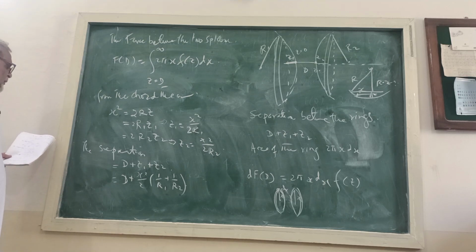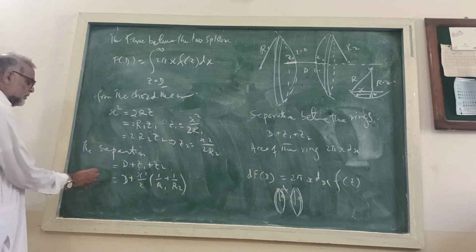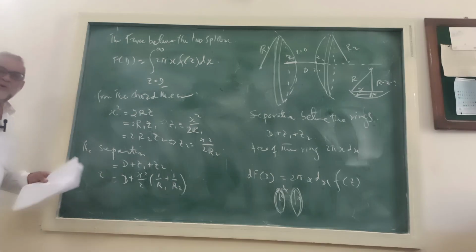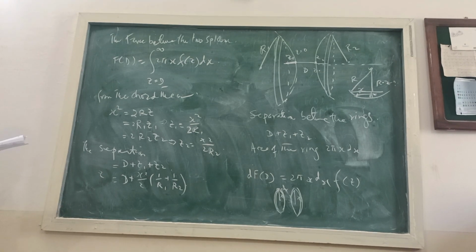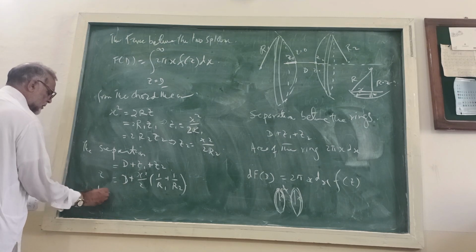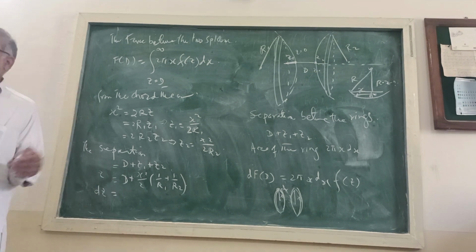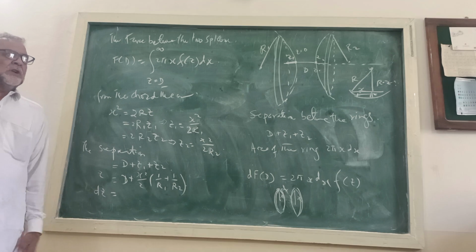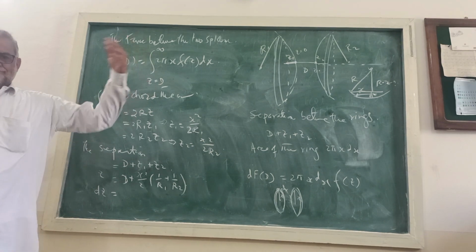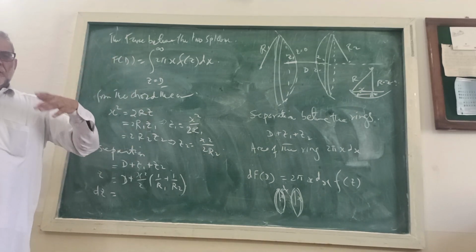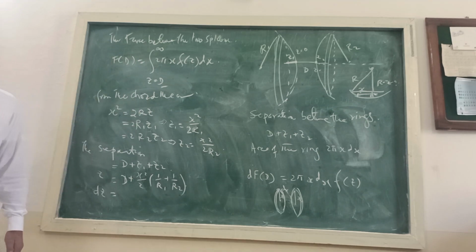So I will say z equals the separation. I call it z because it is along the z axis. Now dz will be equal to, that is constant separation, and we are finding the effective area, and we are integrating over the volume of the sphere.